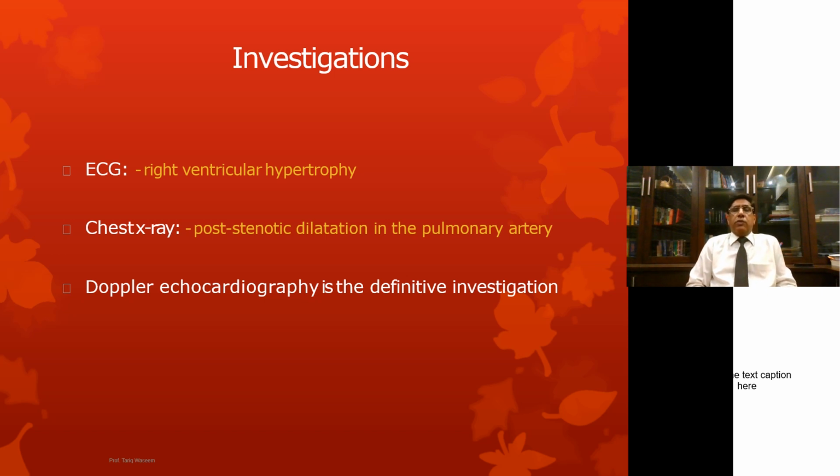The chest X-ray would show a post-stenotic dilation in the pulmonary artery, which would be because of a high pressure jet from the pulmonary valve going to the pulmonary route and leading to the main pulmonary artery being dilated. Definitive diagnosis would be made through Doppler echocardiography, which is the investigation of choice.